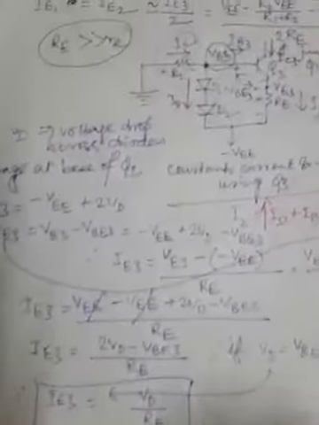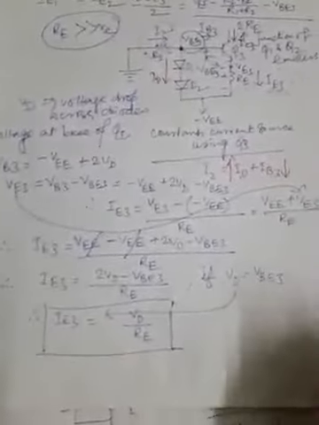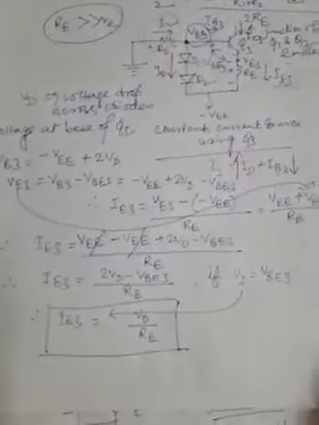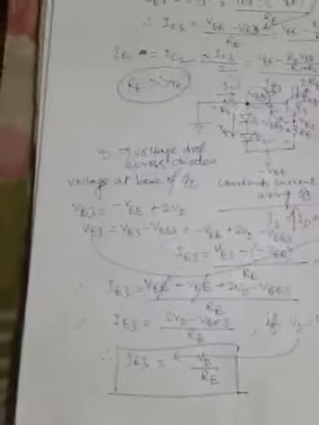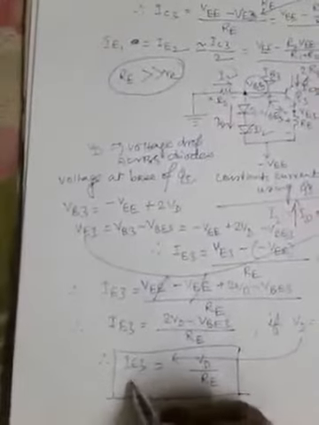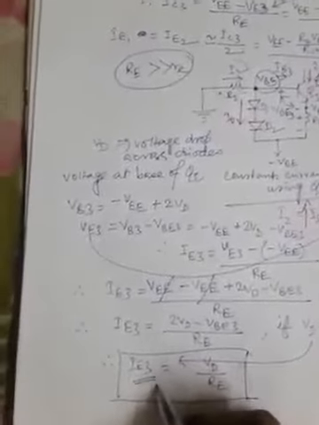Therefore, we can change the value of IE3 by varying either R2 or RE. So we can say that this IE3 will be dependent on ID, because it is dependent on VD, that means it will depend on ID, and in turn it will depend on I2.